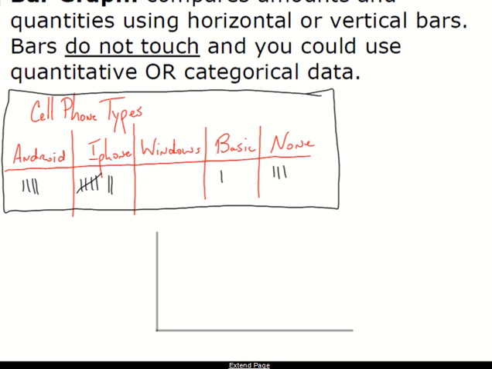Along the bottom, you're going to put Android, iPhone, Windows, basic, and none.